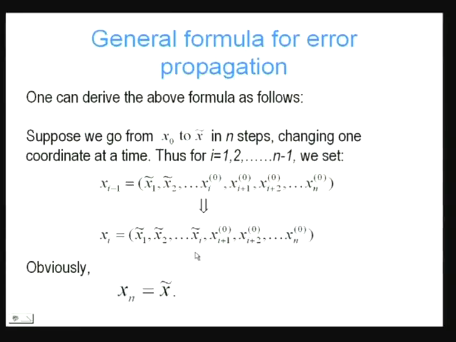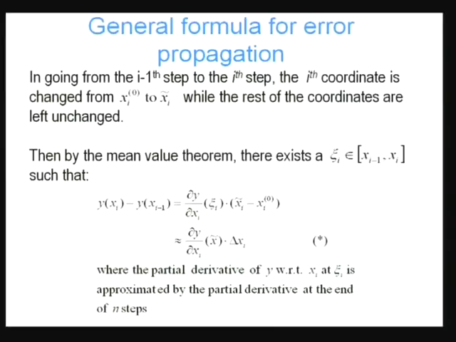Obviously, if we perform this through n steps, at each step changing the value of one particular independent variable, at the end of the n steps our xn will be equal to our approximate solution x tilde. In going from the i minus 1th step to the ith step, the ith coordinate is changed from xi0 to xi tilde, while the rest of the coordinates are left unchanged.